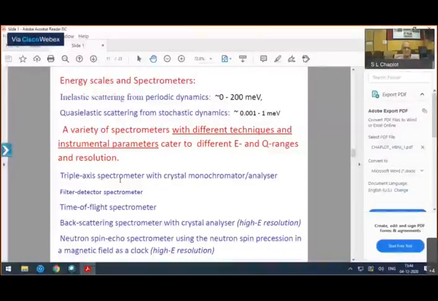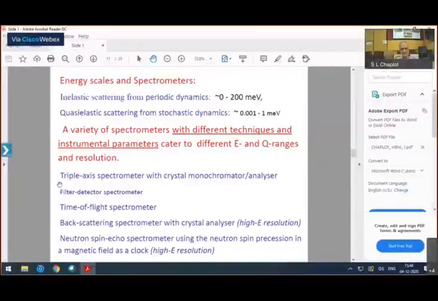Here it is a triple-axis spectrometer. We'll come back to it. Essentially this has a crystal monochromator and crystal analyzer, and depending on various combinations, you can meet this. There is also a so-called filter detector spectrometer where instead of a crystal analyzer, one uses a filter.